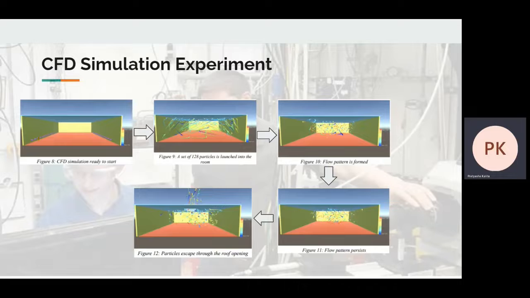On leaving the room, the temperature of each particle drops due to exposure to the cooler outside air. The entire simulation from figure 8 through to figure 12 was completed in less than a minute, and the process continued until the simulation was terminated manually.